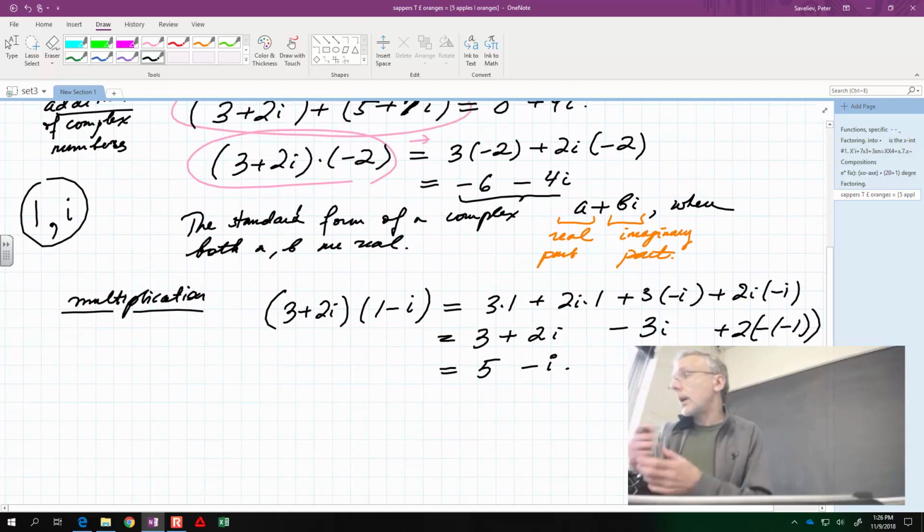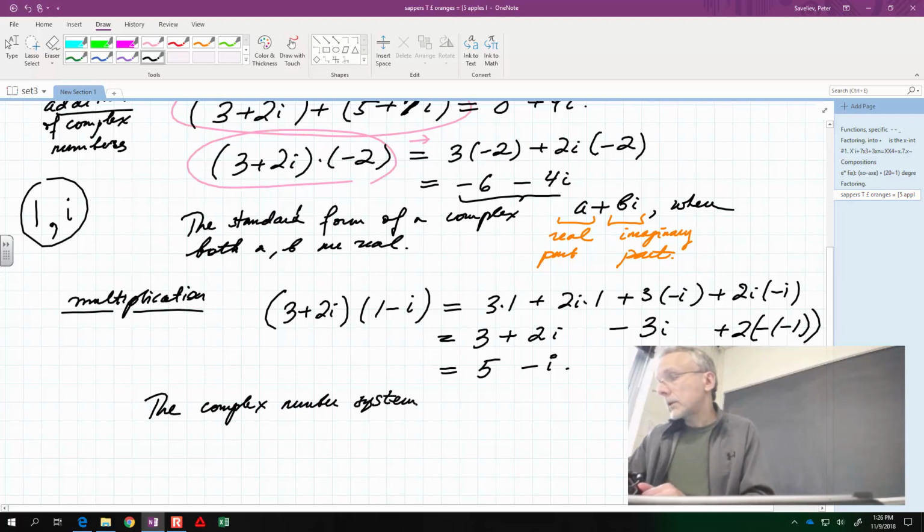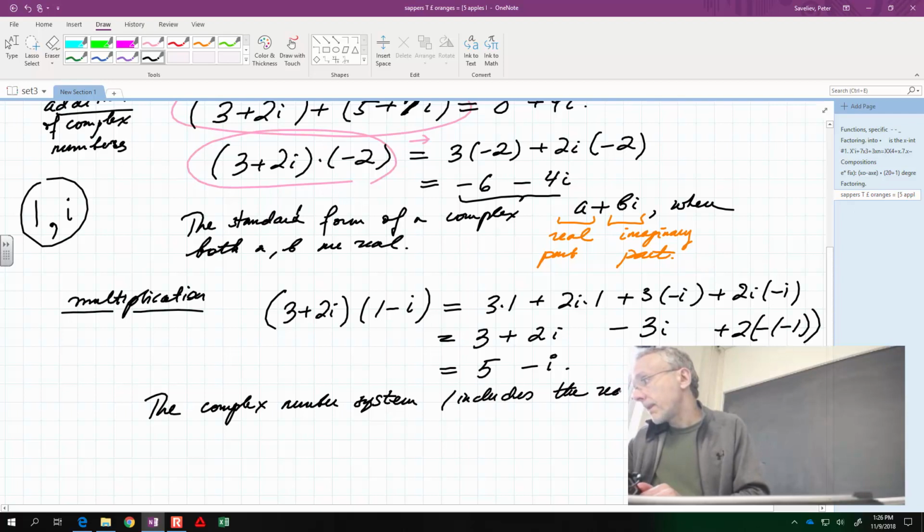That will come up shortly, but for now, this is the complex number system. Remember always that it includes the real number system inside of it. So whatever you learn about the algebra of real numbers is still in there. We just added some more stuff to it.